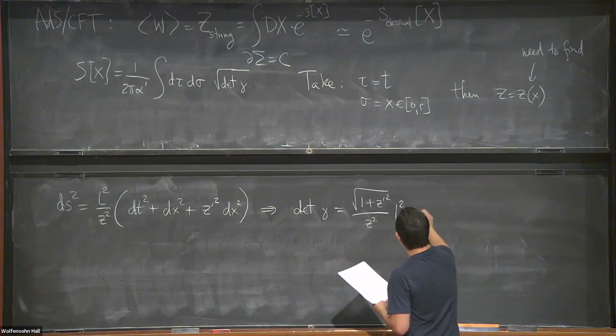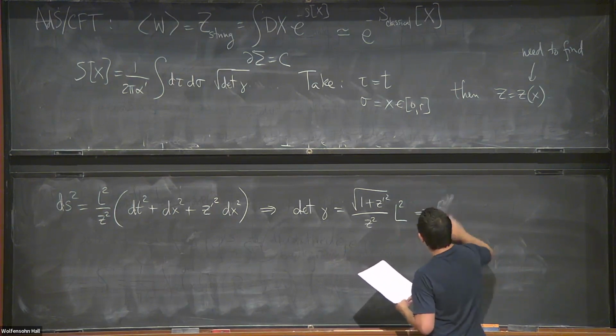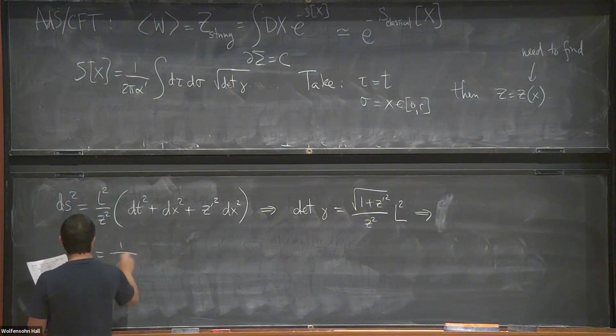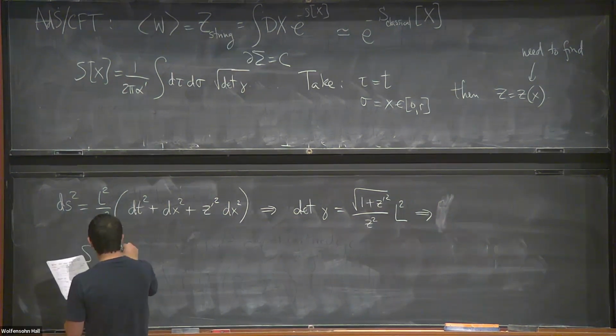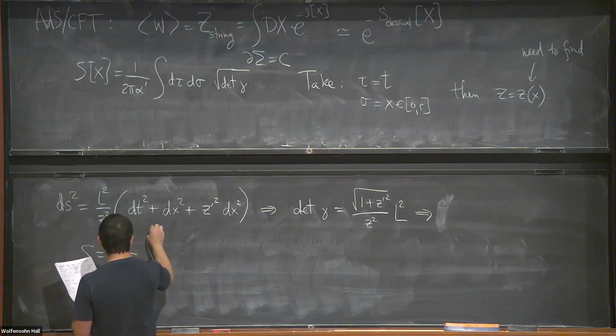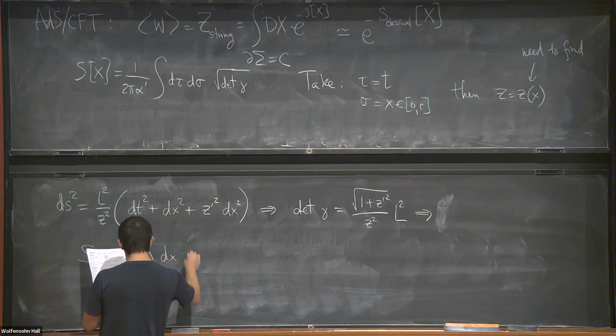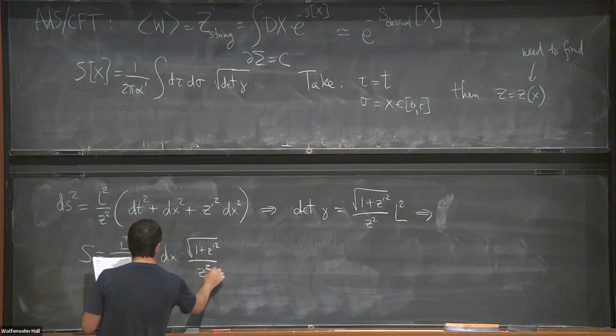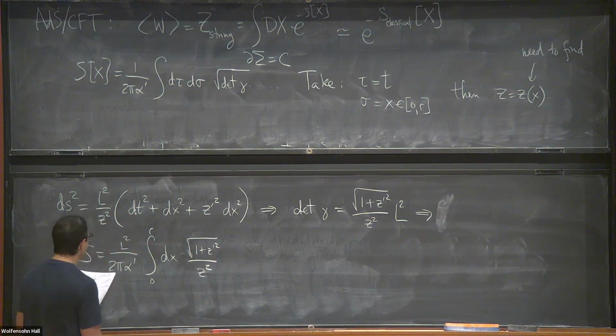And the action, I can write it here, is 1 over 2 pi alpha prime times L squared times the integral from 0 to r dx of the square root of 1 plus z prime squared over z squared, where z is a function of x.